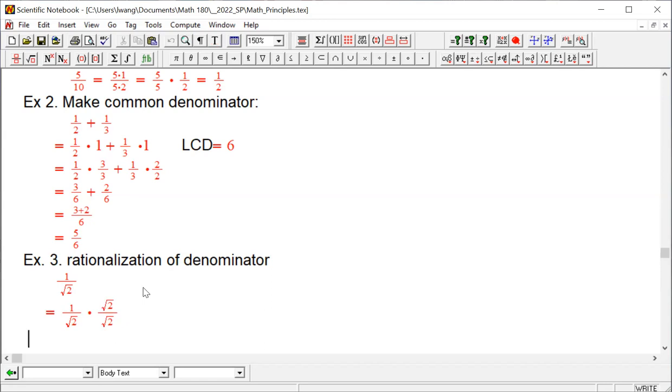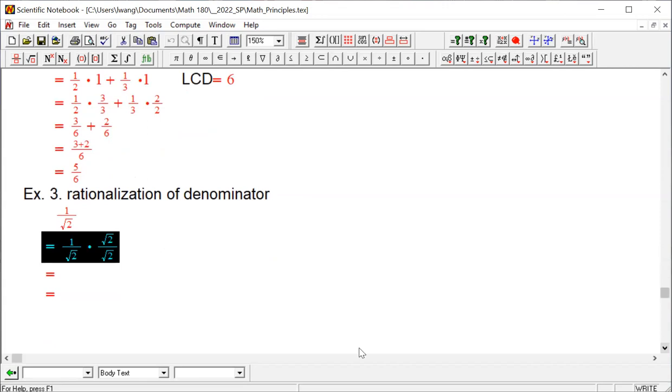Now, after this choice, we can maintain the equal sign because this number is the same as the next number, since we merely multiply by 1. We continue this process. The denominator: square root of 2 multiplied by square root of 2.